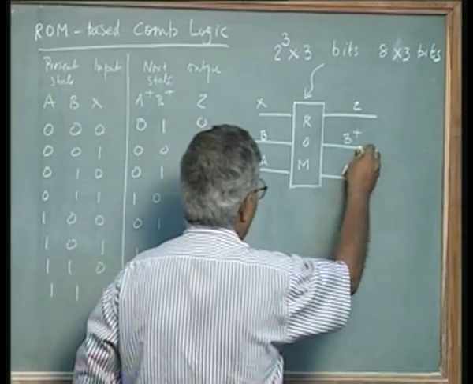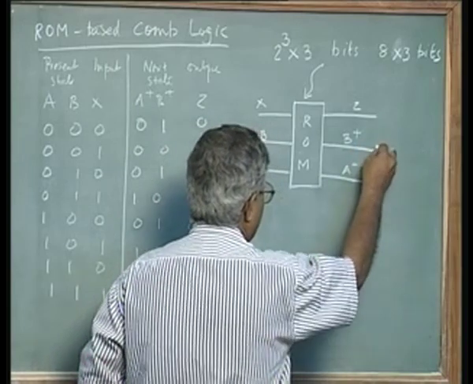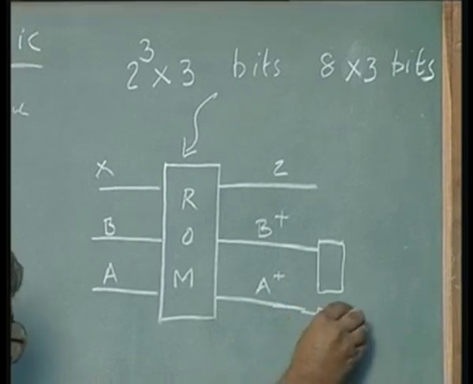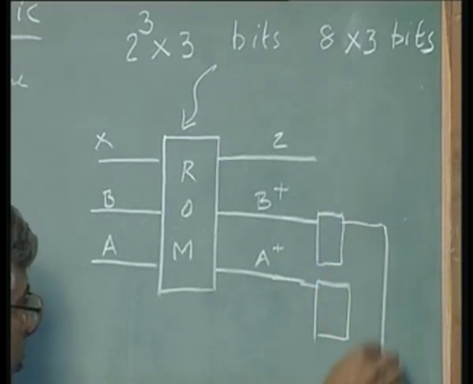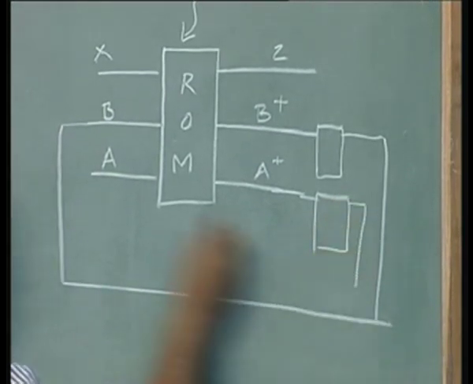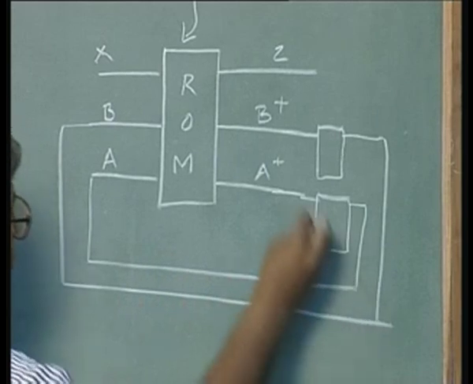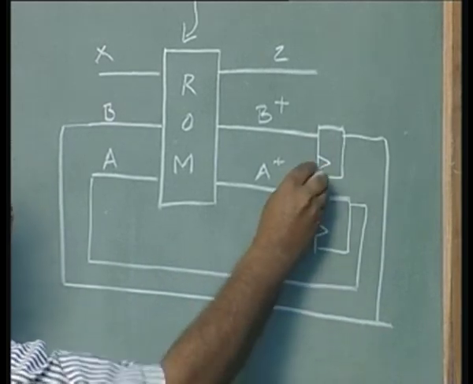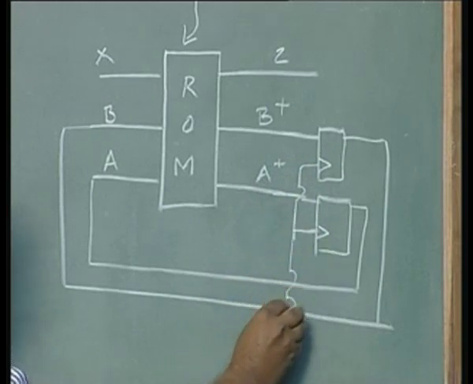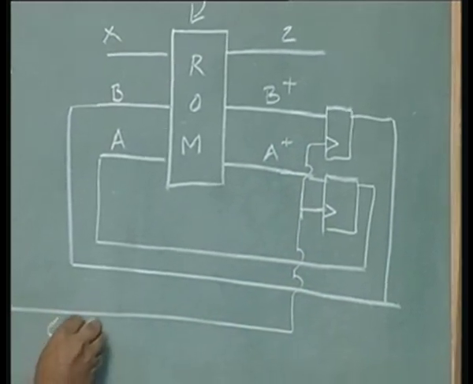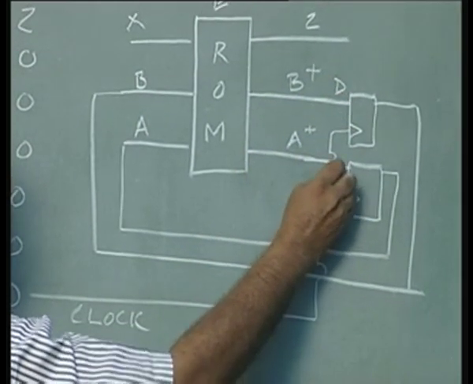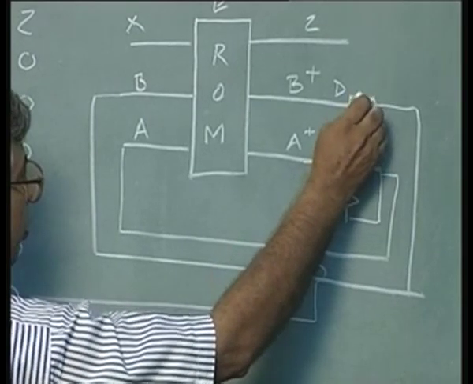Now, what happens to the output? The output is fed back into registers, kept in the registers, and fed back as input. These are D inputs, Q outputs.